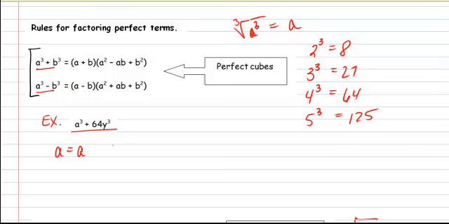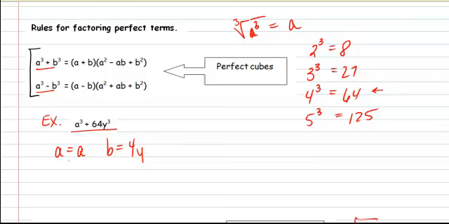So in other words, on the b term, the cubed root of 64, well, we've said that that's 4. And then y, we only have one of them. The cubed root of y cubed is y. That's a tongue twister for you.